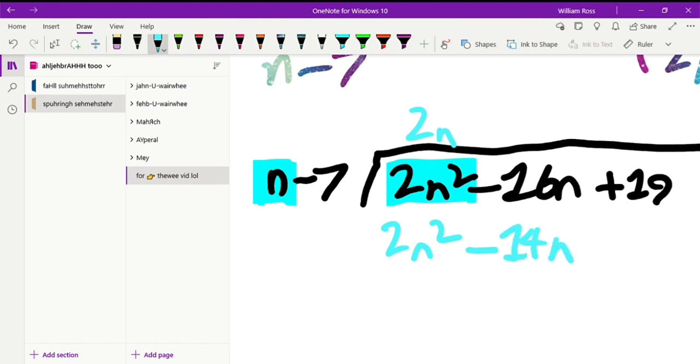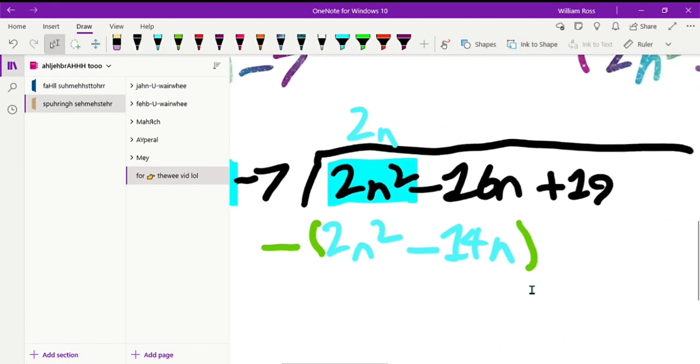And if you remember, you're supposed to subtract this from that. So in this case, you can just flip the signs around. So now we have negative 2n squared plus 14n. And so we solve that.